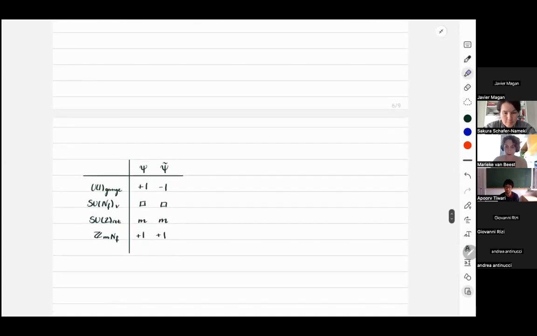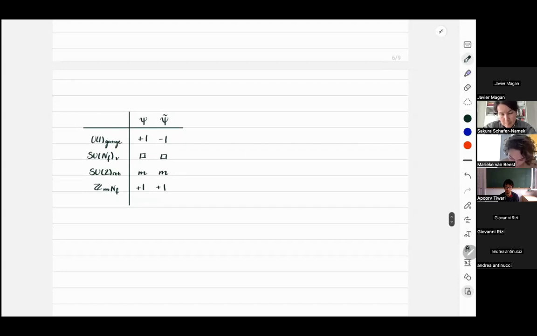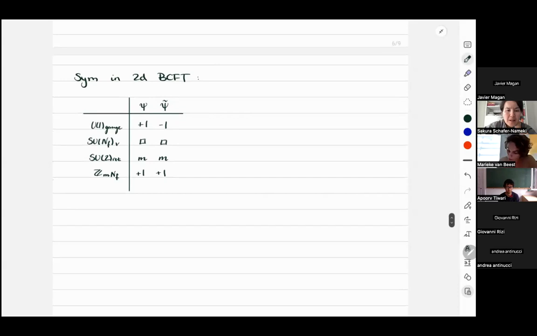So there are 2 options, as it turns out. These are the symmetries in the 2D BCFT. There's another option that I'm going to comment on just very briefly, or we're going to just take one of them. So first of all, the U1 gauge symmetry has to be preserved.